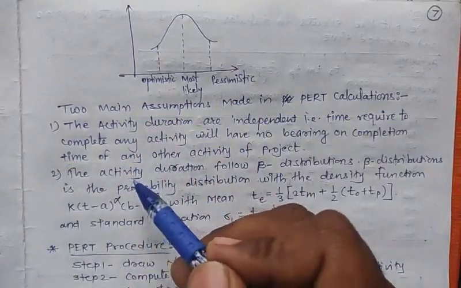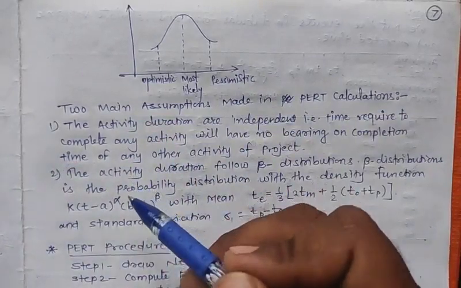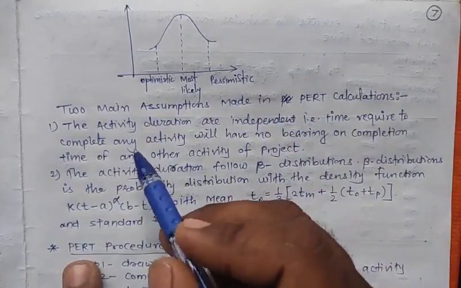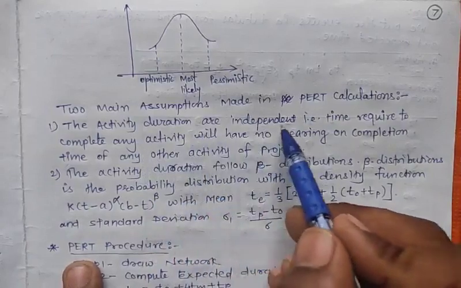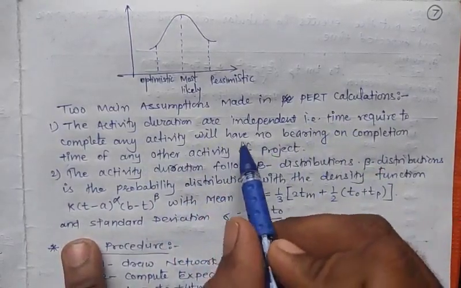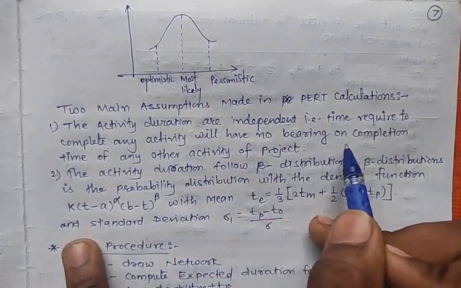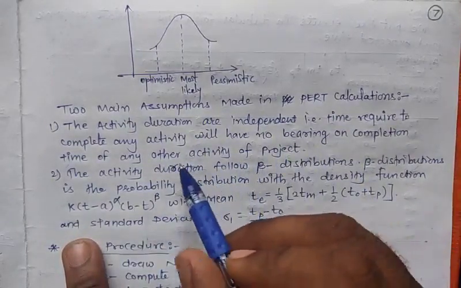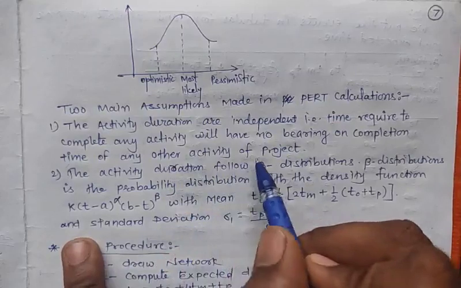Now two main assumptions are made in PERT calculations. The first assumption is that the activity durations are independent, that is, the time required to complete any activity will have no bearing on the completion time of any other activity of the project.